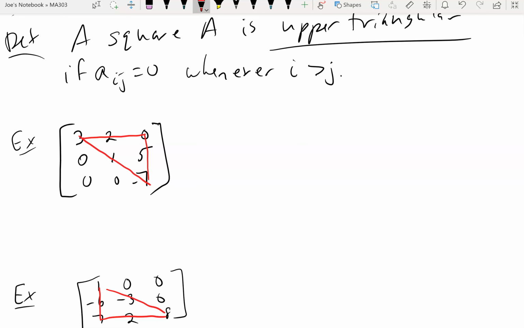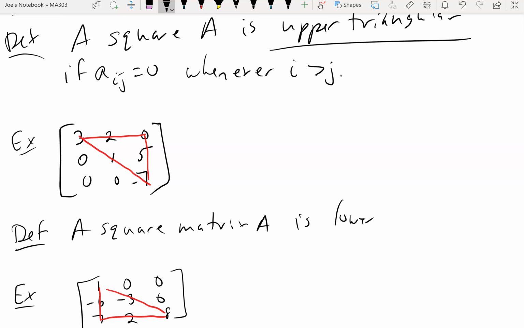So if we do the definition for lower triangular, oops, I forgot the word matrix in my previous definition. I just noticed that. It's the same definition written over again, except that I'm going to flip the inequality there at the end.